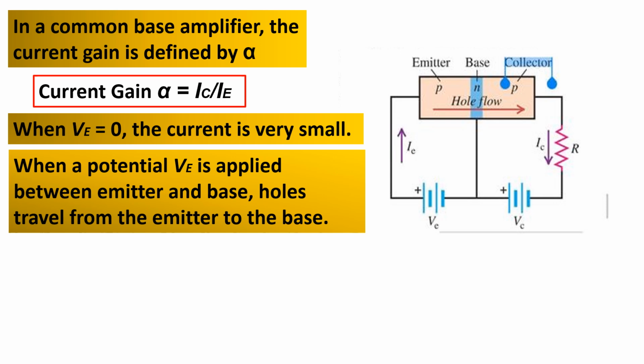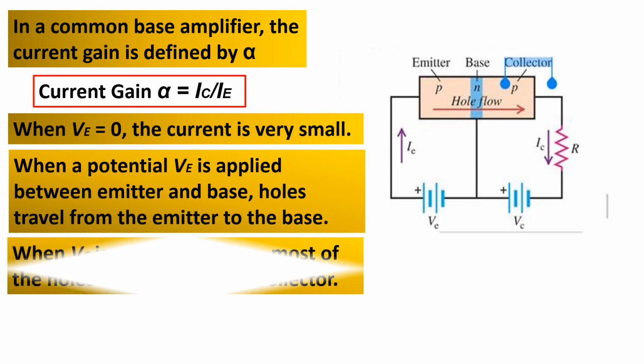Why holes? Because we are talking about a PNP type of transistor. So the majority charge carriers are in fact the holes. So when VE is substantially increased between the emitter and the base, then the holes travel from the emitter to the base. Therefore, what arises is what we call an emitter current.